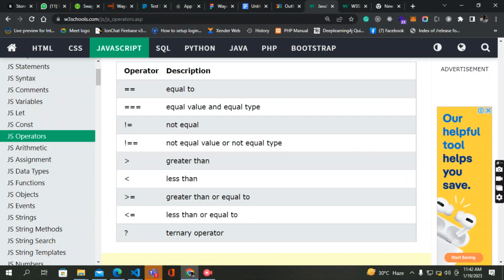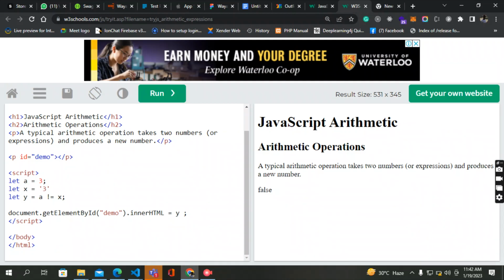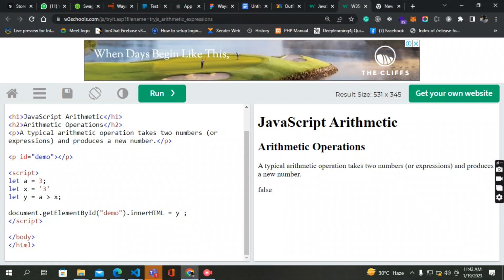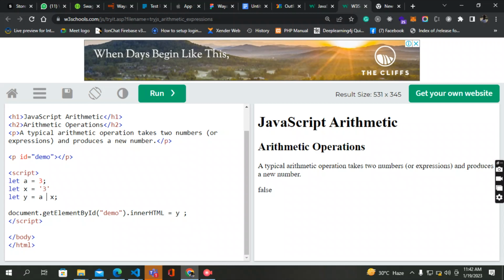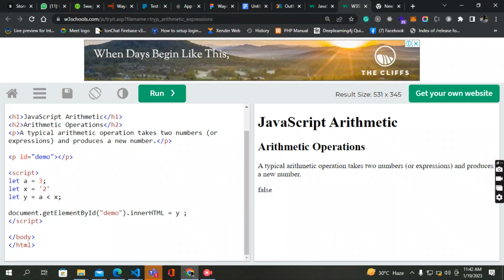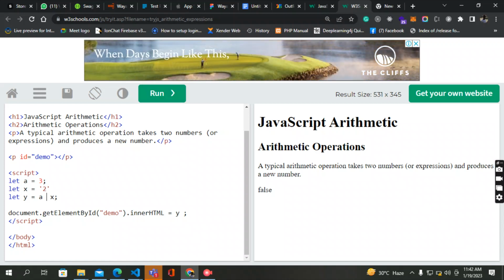So then greater than, when a value is greater than the other, let's quickly see if that is correct. So a is not greater than a. Yeah, that's false. But a is less than, that's also false. So, because they are equals to each other, let's make this 2.